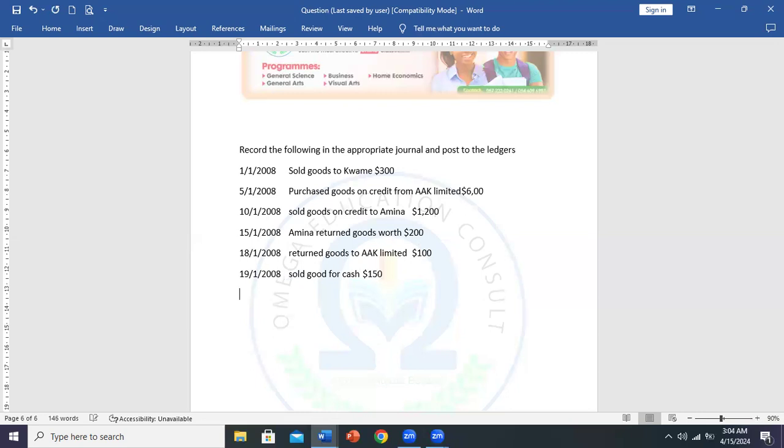Then finally, purchased, which will be on the 22nd of January 2008. Purchased goods from AAK at $250. Okay, so there's what you have as a question.